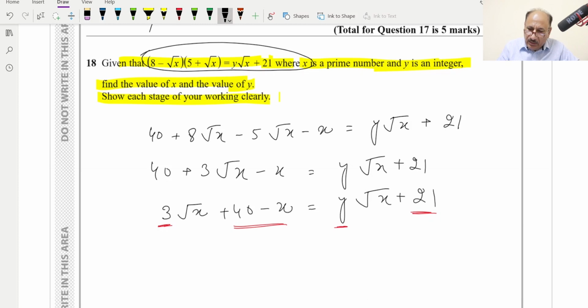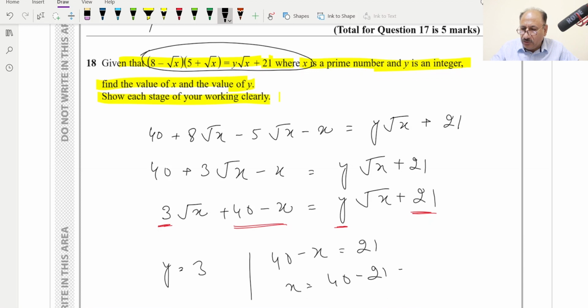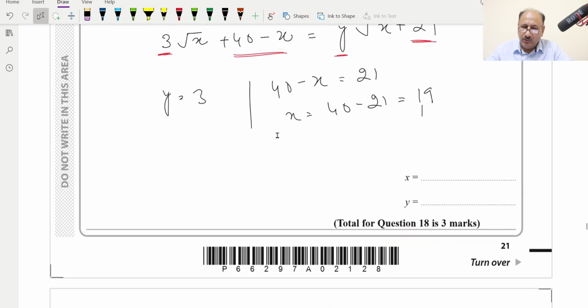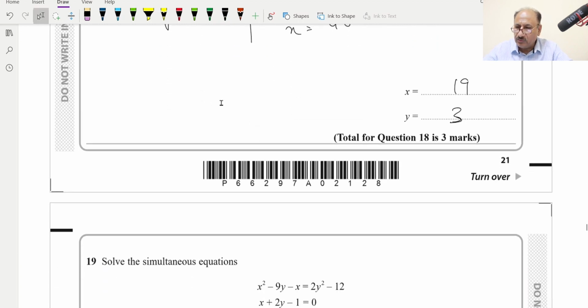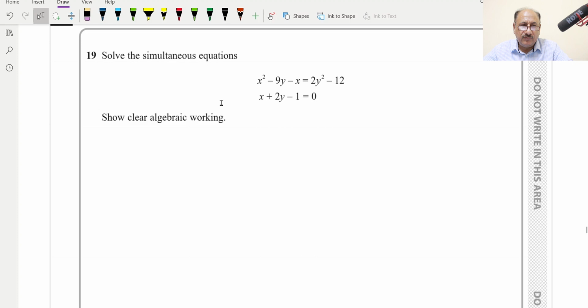So we can write here y is equal to 3 and 40 minus x is equal to 21. So x will be equal to 40 minus 21, which is equal to 19. So these will be our values: y is equal to 3 and x is equal to 19, which we have found. This was a 3 marks question which we are done.